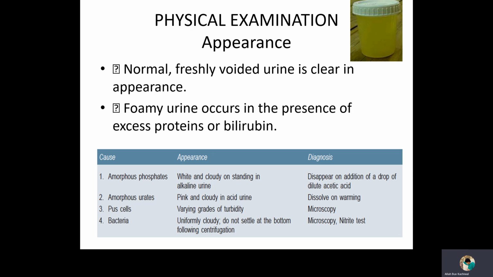Pus cells give a gross turbidity that can be seen on microscopy, whereas bacteria cause uniform cloudiness and do not settle at the bottom following centrifugation. They can be seen by microscopy or a nitrite test.